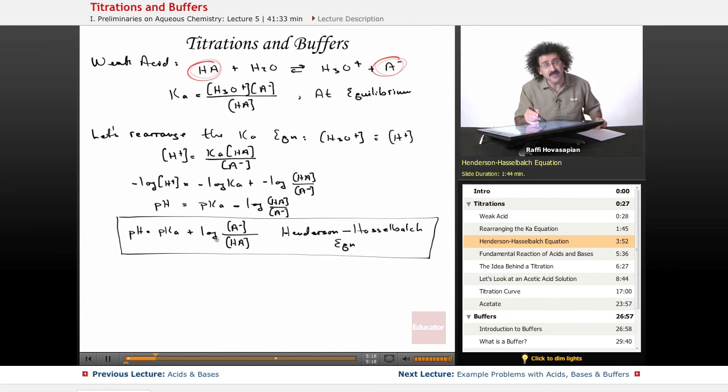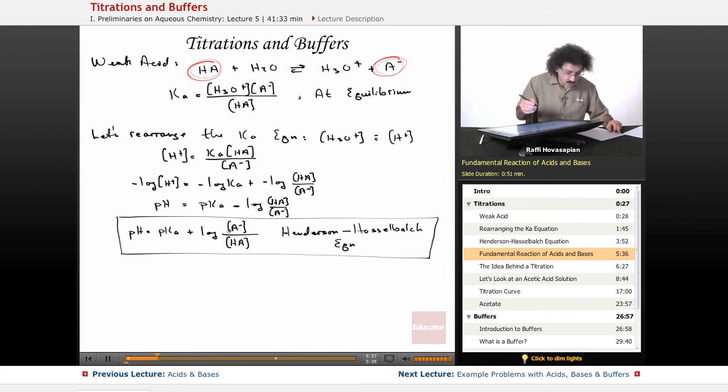If I have any 3 of them, I can find the 4th. That's what this equation is. It's a relationship between these things. Very important equation. And again, we'll return to this in a little bit when we talk about buffers properly.